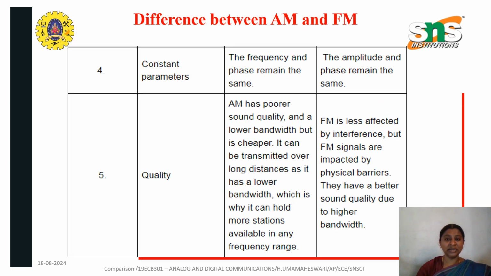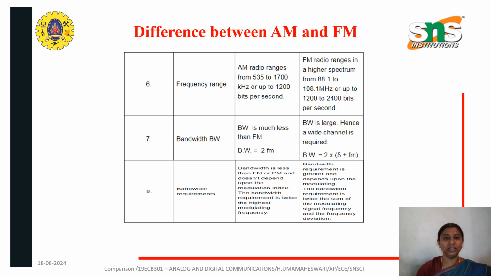The various parameters are that the frequency and the phase remain the same in the amplitude modulated wave, whereas in frequency modulation the amplitude and the phase remain the same. On quality, amplitude modulation has a poorer sound quality because of a lower bandwidth, but it is cheaper. It can be transmitted over long distances as it has a lower bandwidth. FM is less affected by interference, but FM signals are impacted by physical barriers. They have a better sound quality due to the higher bandwidth.